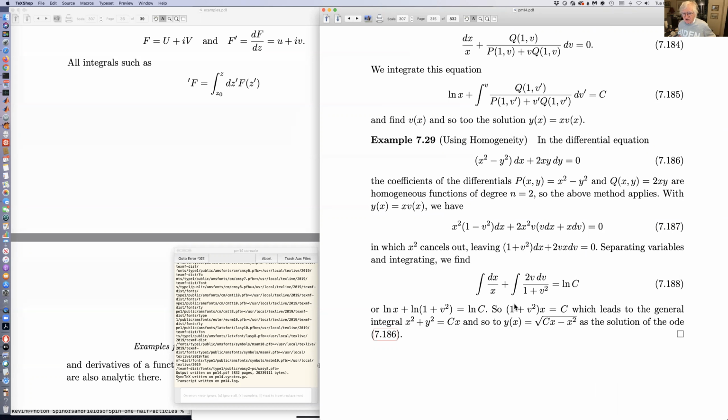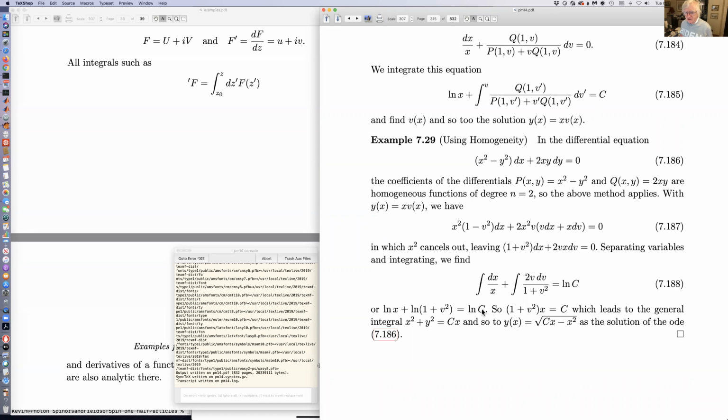We get this expression. That's log of x plus log of 1 plus v is log of c, and then you can massage that, and you find v, and once you find v, well, let's see, what was v squared? V is y over x, so this is y squared over x squared.